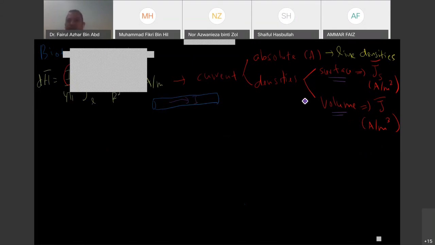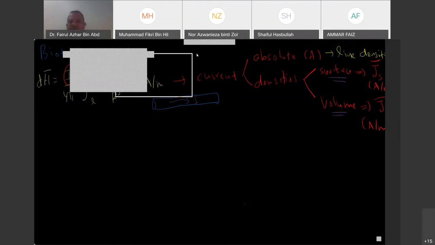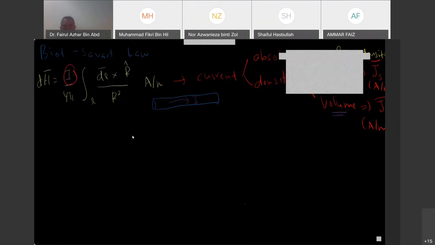All right, by referring to this fact, we also need the expression that represents the relationship between vector H and the current in its density value.